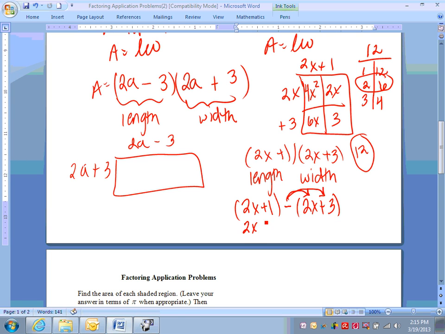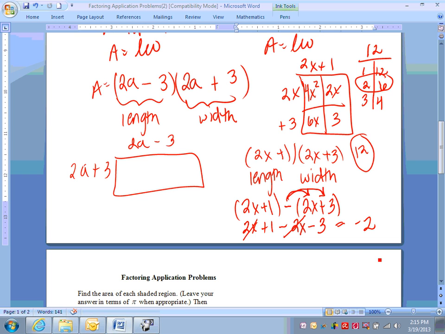So it's 2x plus 1 minus 2x minus 3. And then I combine like terms. This positive 2x and negative 2x cancel out. And then 1 minus 3 gives you a negative 2.